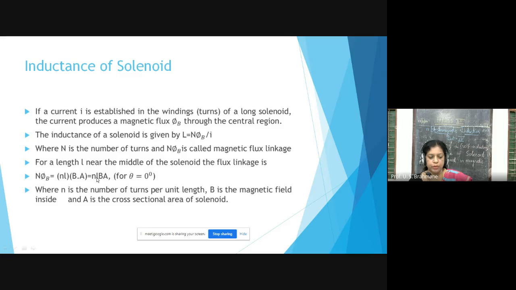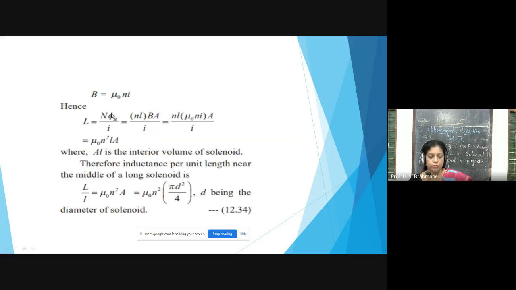We are going to substitute for B, and then that I will get cancelled. Hence, L is equal to the magnetic flux linkage upon I. So L is equal to nL BA upon I, that is equal to nL mu 0 n i A upon I.